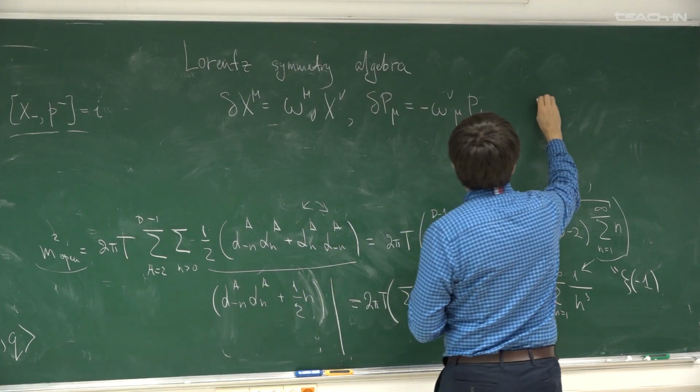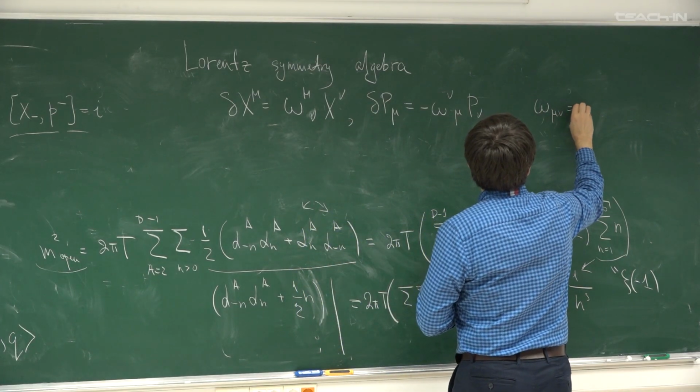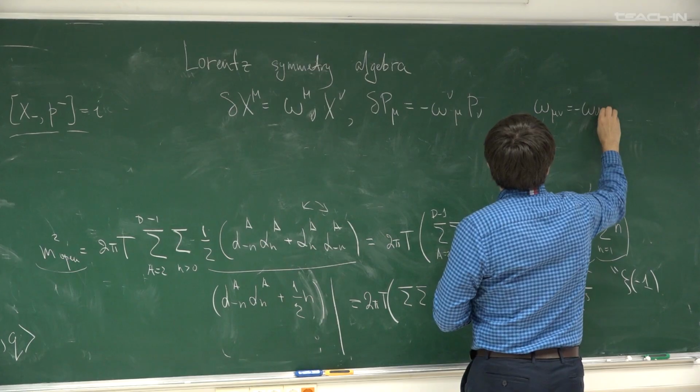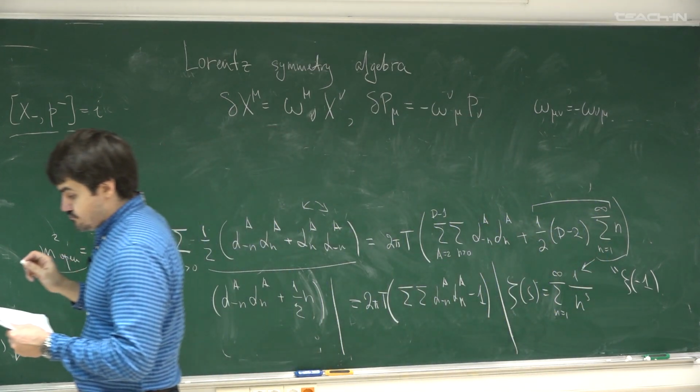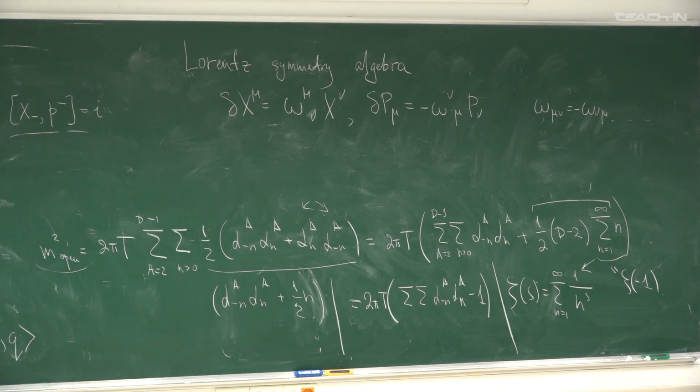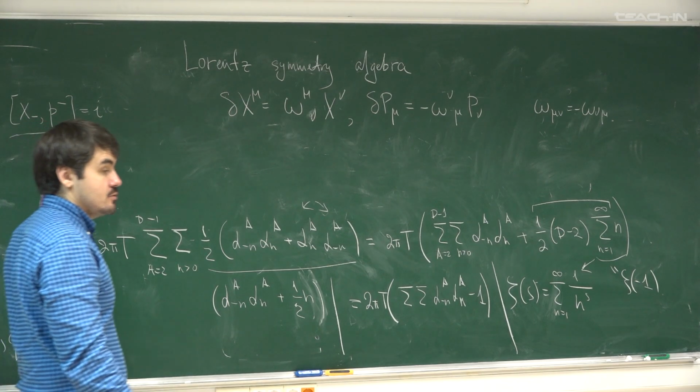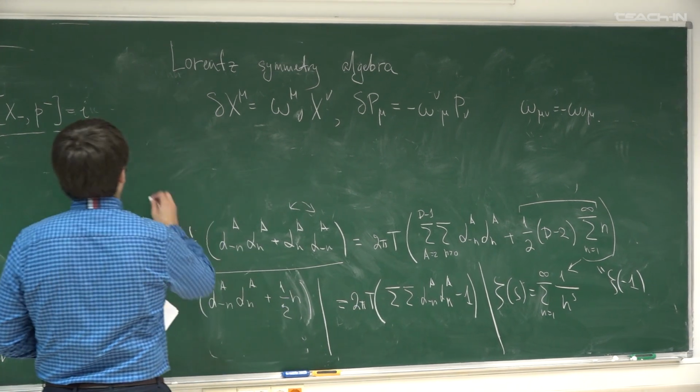These are the Lorentz transformations, and by Noether's theorem, you derive the Lorentz generators.